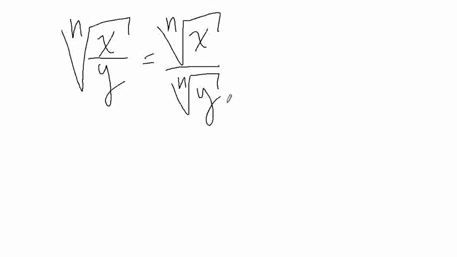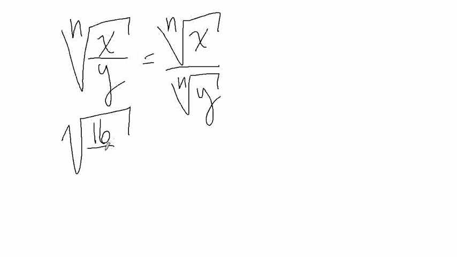So what this formula says is that if you have a radical of a quotient, you can express it as a quotient of radicals. Okay?